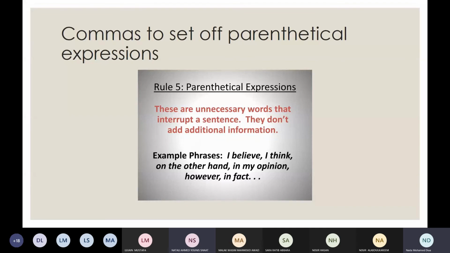Yes. The example phrases are "I think," "I believe," "on the other hand." Yes, dear. Okay.